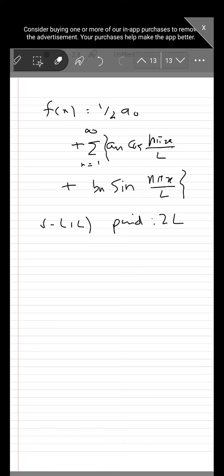So here again the Fourier coefficients will be a little different.